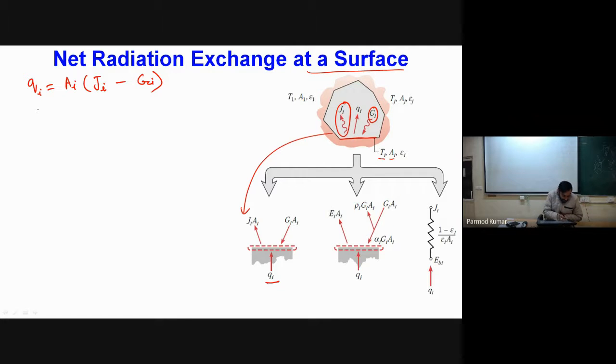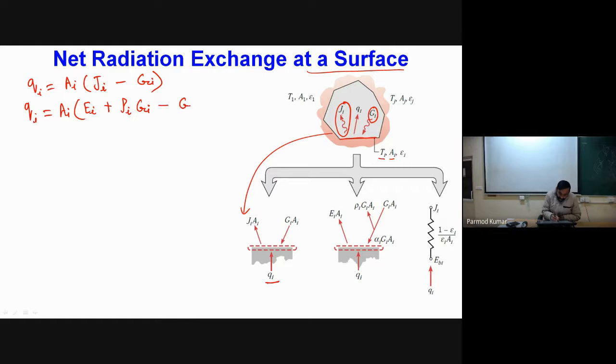Now we know that J is nothing but the emitted radiation by the ith surface plus the reflected rays. Reflected means rho i into Gi, because Gi is irradiation. So part of this will be reflected, and that will depend upon the reflectivity of the material.